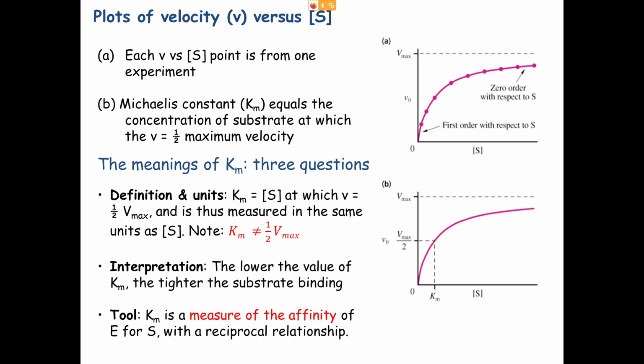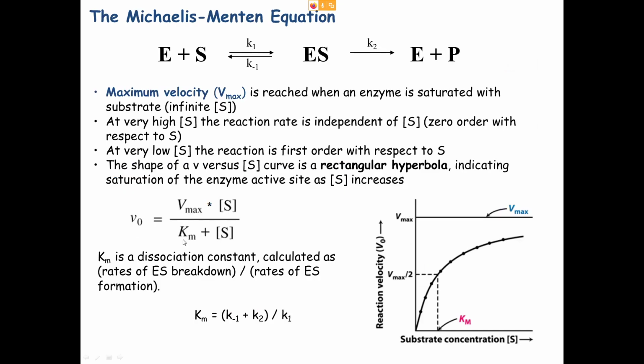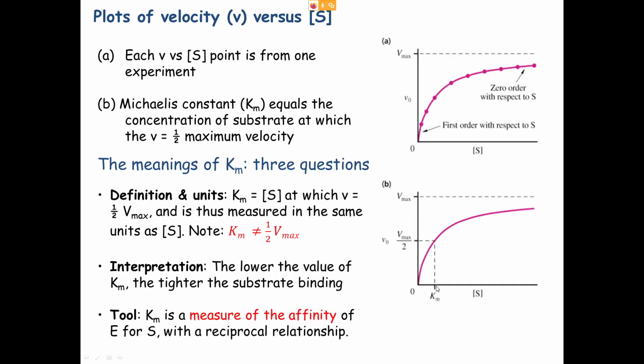You double X, you double Y. This is not. It's hyperbolic, so you can't multiply one and expect the other to be multiplied by that. So looking back, if you double S here, that doesn't necessarily double V, and you have to go through this calculation. So if I double the Km, double the substrate concentration, I'm only going to get just a little bit more velocity. It doesn't double the velocity, so don't tell me that. If it did, this would be a linear relationship in a straight line.